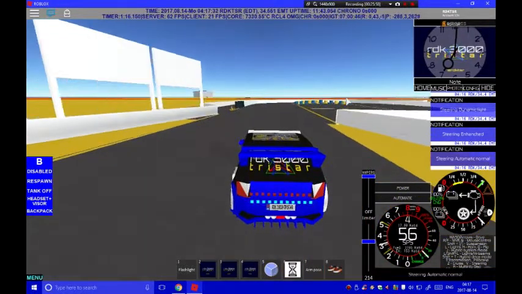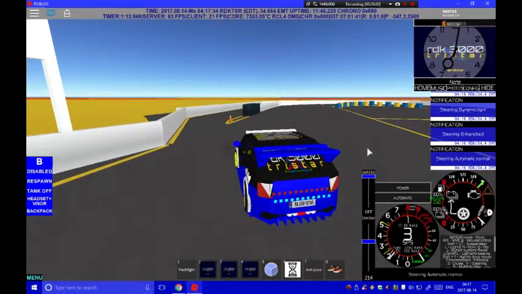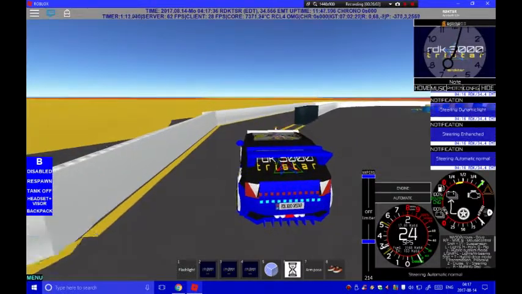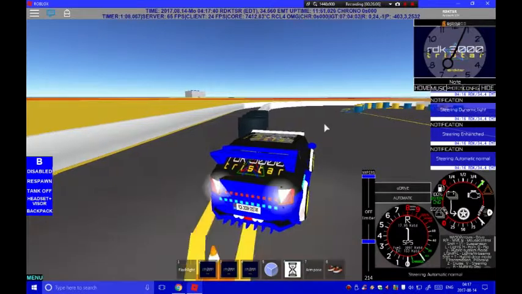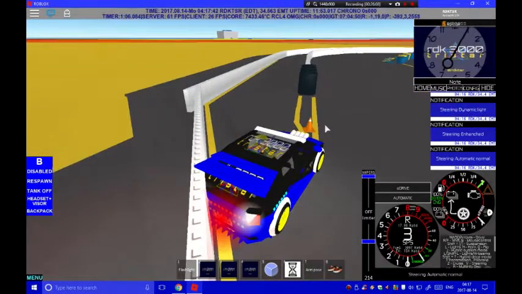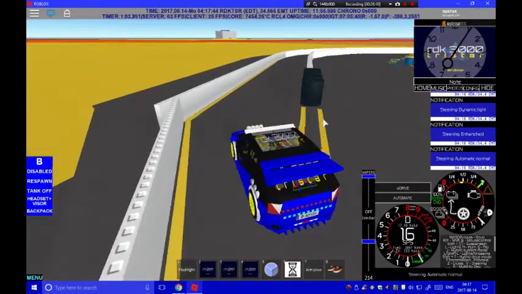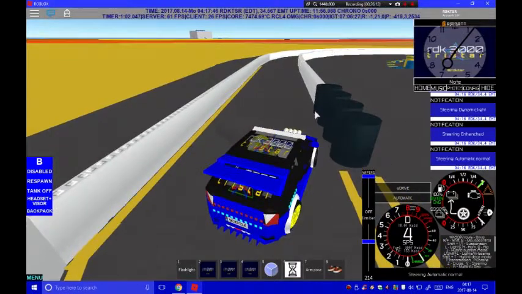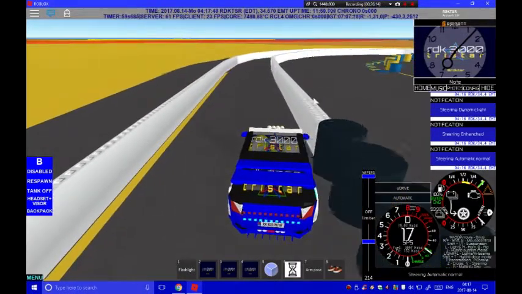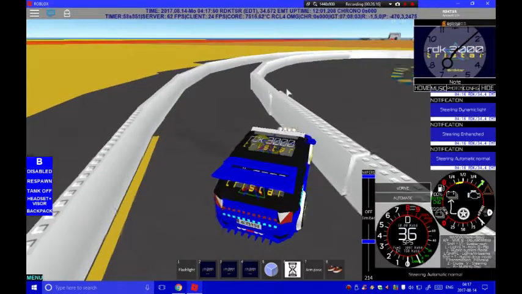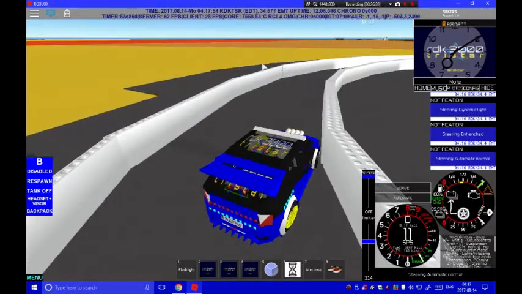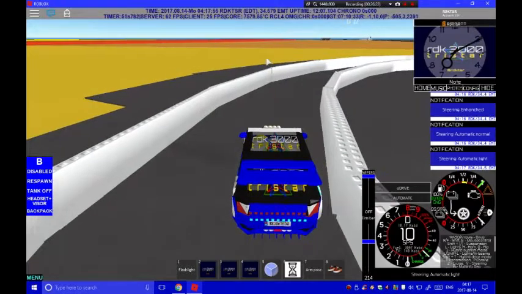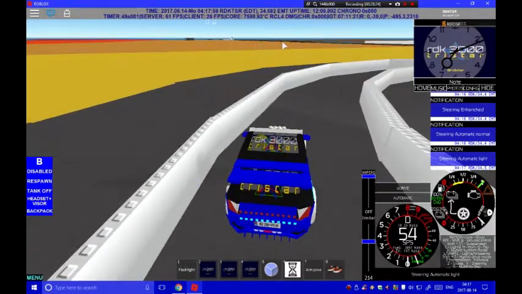Let's exit the track. Oops. Core going down in about 60 seconds. 1 minute left. No time is money.